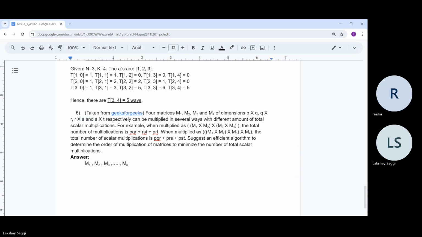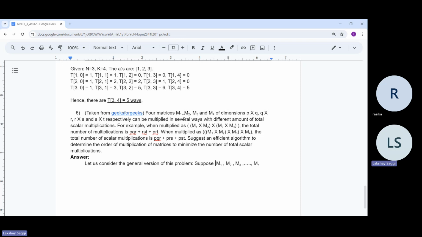So let us consider the general version of this problem. I'm doing the general version, and the same will apply to the 4 matrices also. I'm just doing this because this is easier to explain in my opinion.